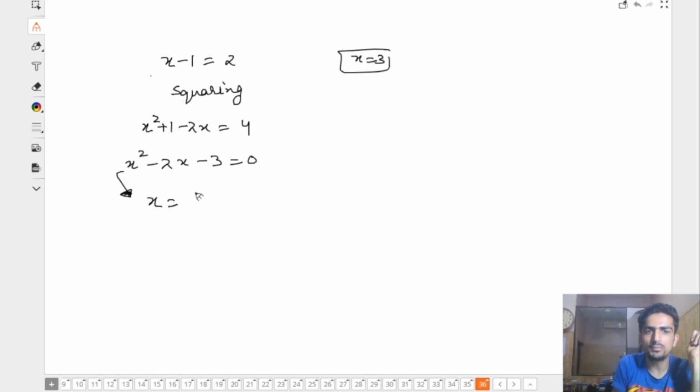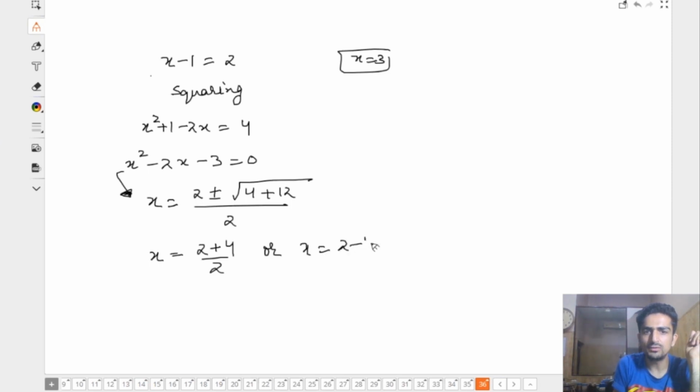I get x equal to minus b plus minus square root of b square minus 4ac by 2a. That is, I get x equal to (2 plus 4)/2 or x equal to (2 minus 4)/2. So no doubt I got 3, but I got one more answer, minus 1.